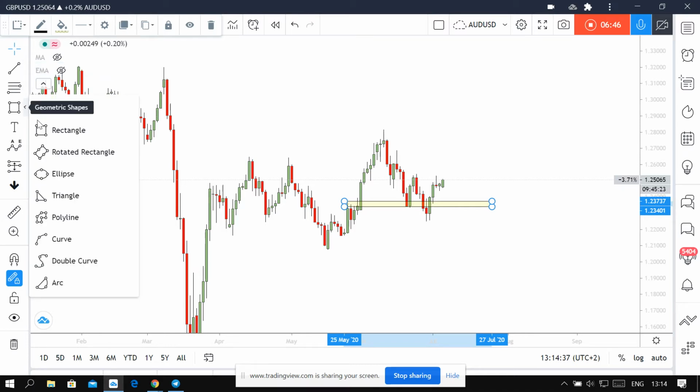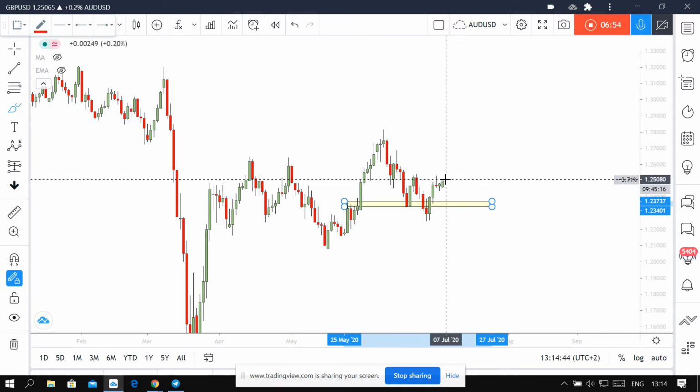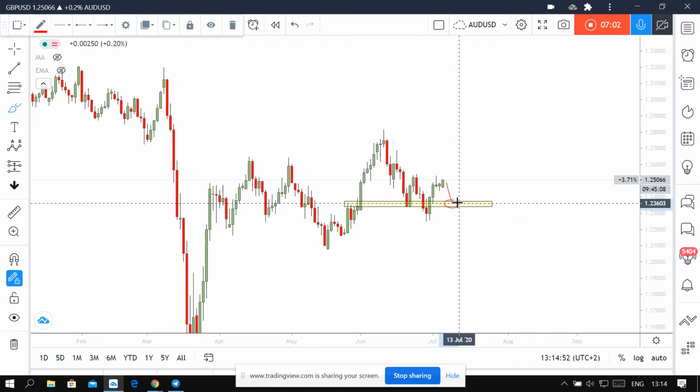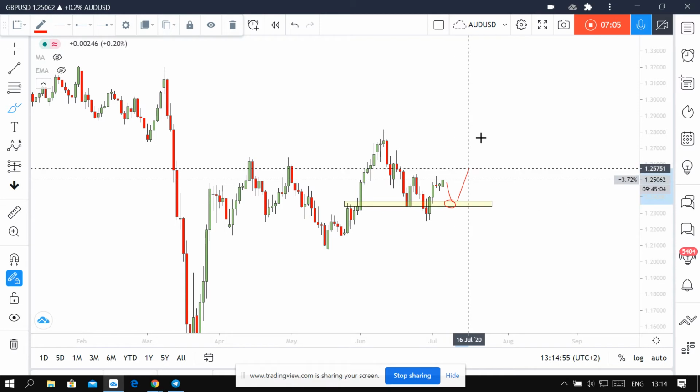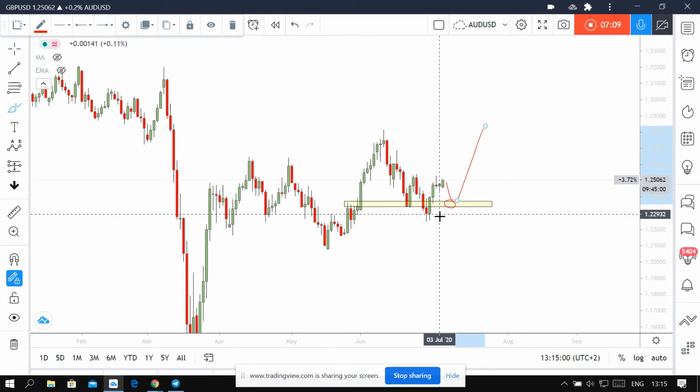So what I am actually looking for here on the GBPUSD, I'm looking for a further retracement back down to the support where we can then eventually have reversal candlesticks here or price action confirmation to actually get a long trade, and then we can probably get enough orders here.